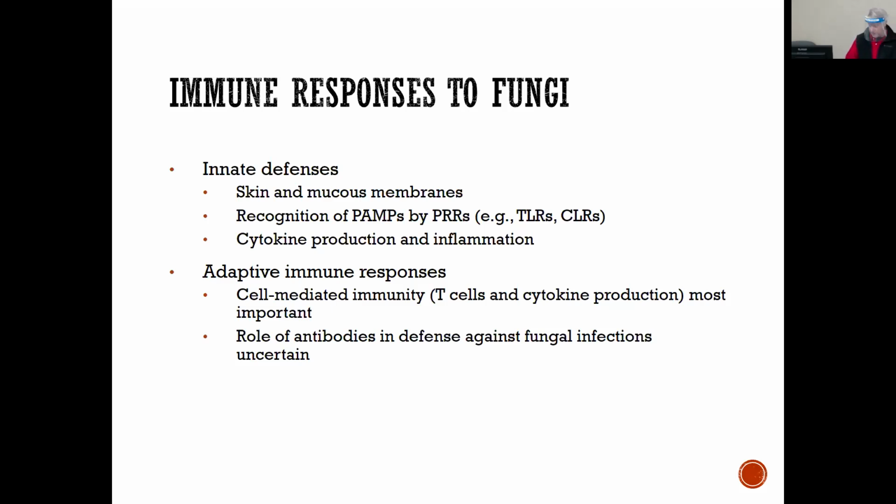This is when we start getting into the cell-mediated adaptive immune response. So cell-mediated immunity, T cells and cytokine production are most important. And it talks about how there has been a debate whether we have cell-mediated and humoral. It's pretty much cell-mediated these days, okay?